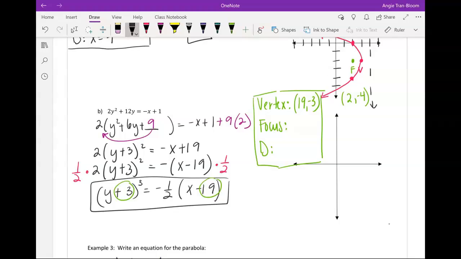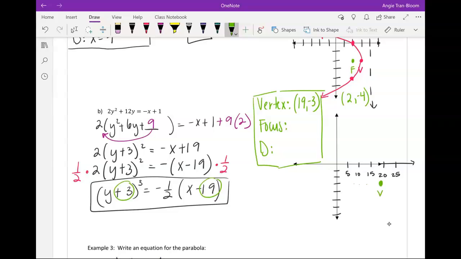So for the x location, I will just do every 5 units: 5, 10, 15, extend this all the way out, 20, and 25. And the y-axis, I can stick it 1, 2, 3, 4, 5, 6, 7. So the vertex is 19 comma negative 3. So it's right here. Eyeball 19. So here is your V.